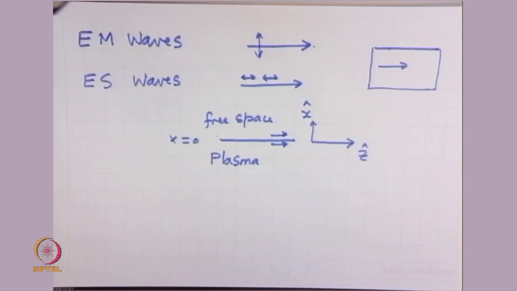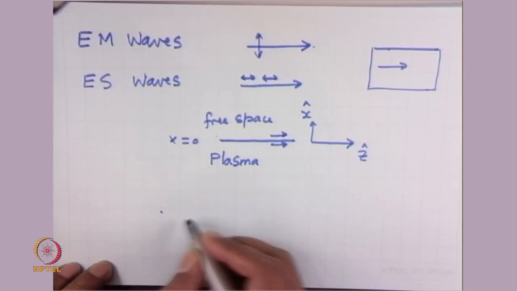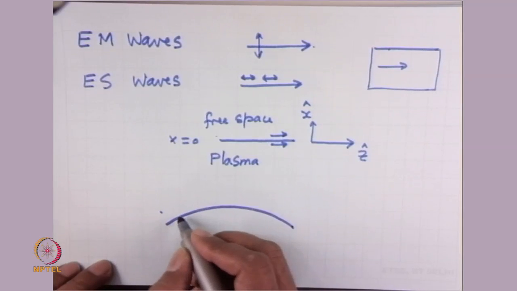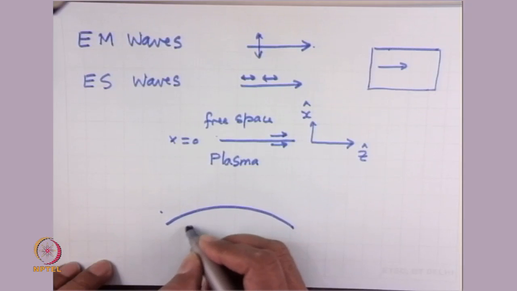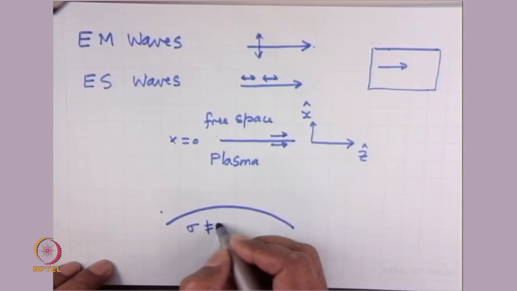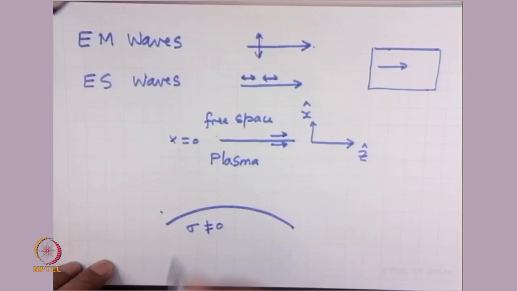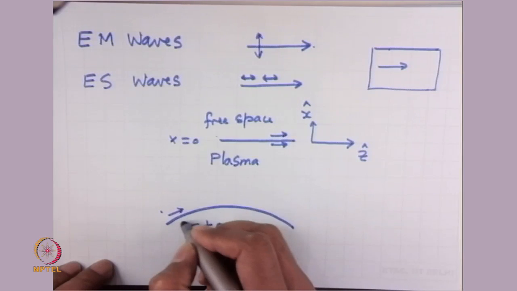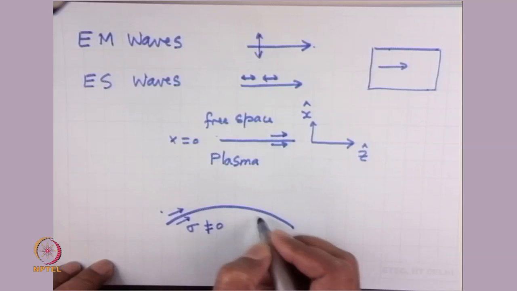Traditionally, it was during maybe the 30s, 40s rather, when people were thinking of radio communication at medium frequency waves, people recognized that if Earth has a curvature like this, and Earth has a finite conductivity which is non-zero, then medium frequency waves can travel as surface waves, and they can be guided by the curvature of the Earth.